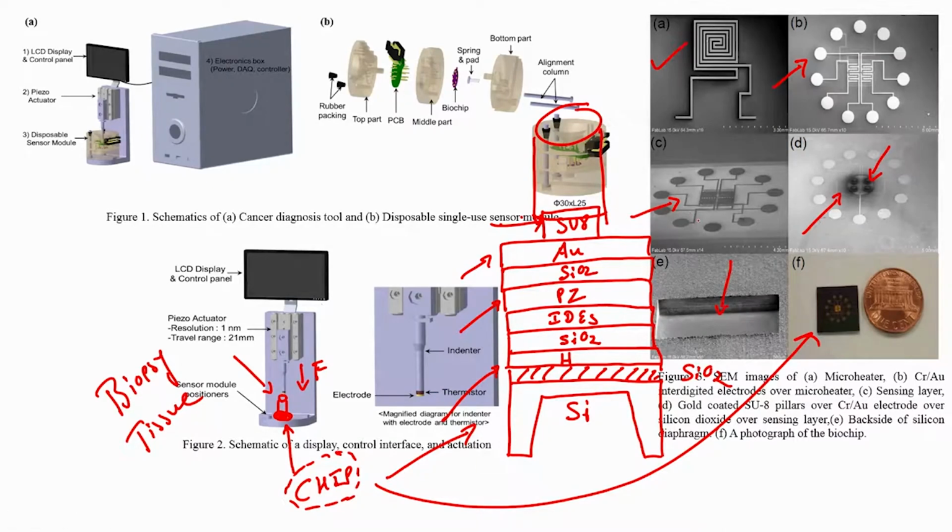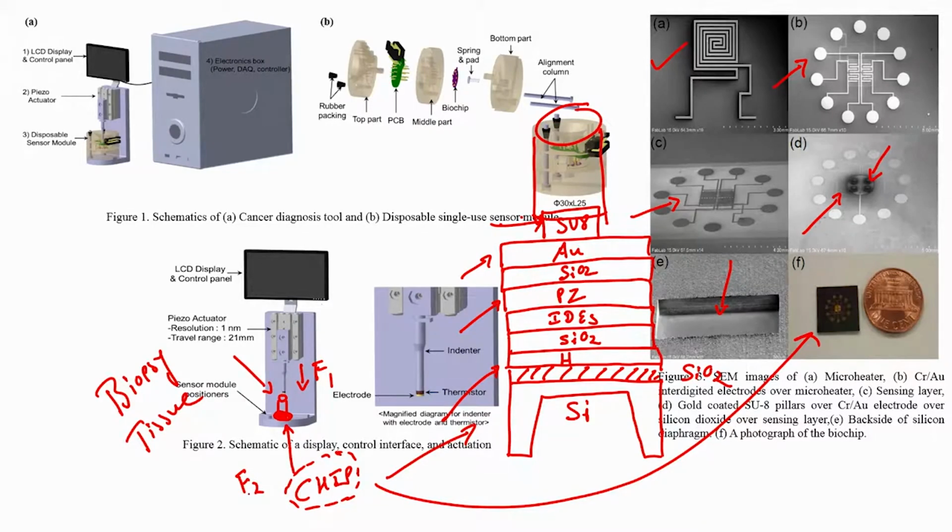My piezoresistor on this chip will show a change in resistance depending on how much force it observes, or is translated through the tissue. There is an F1 force that I apply through the indenter, and my chip will get F2 force.